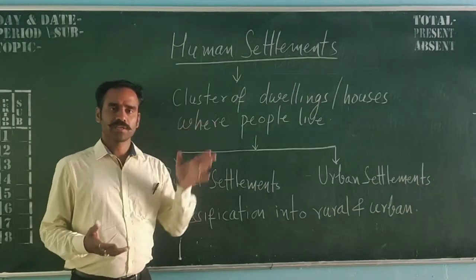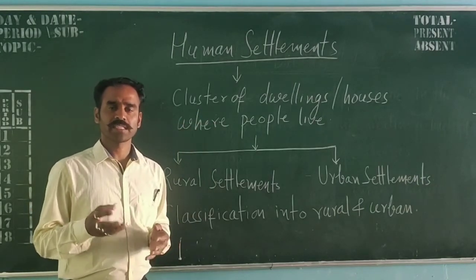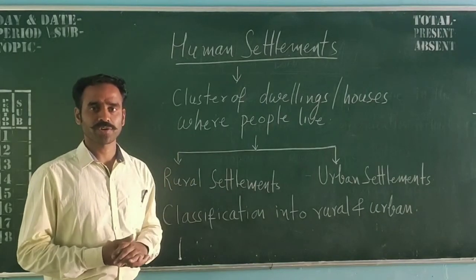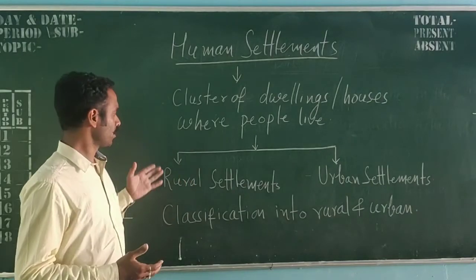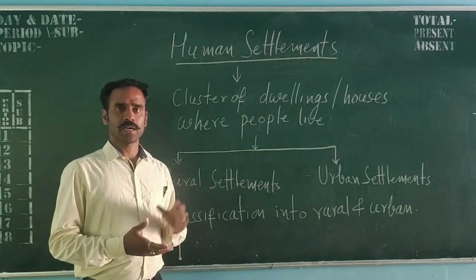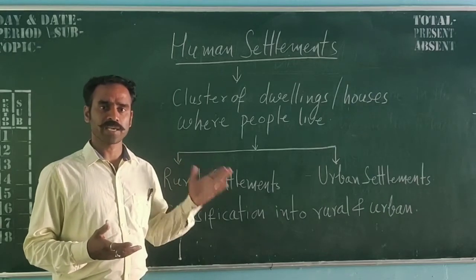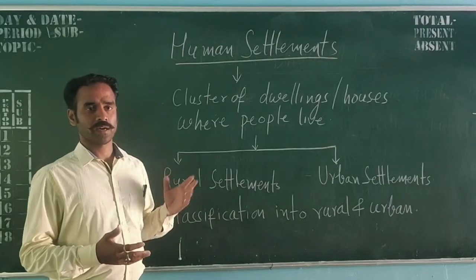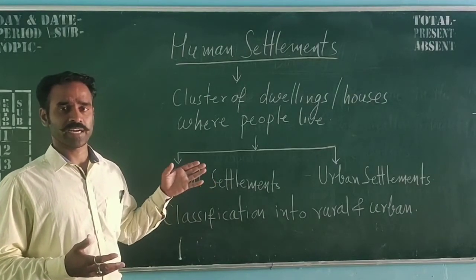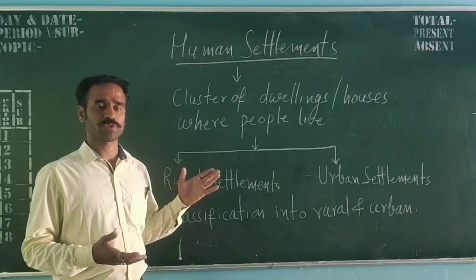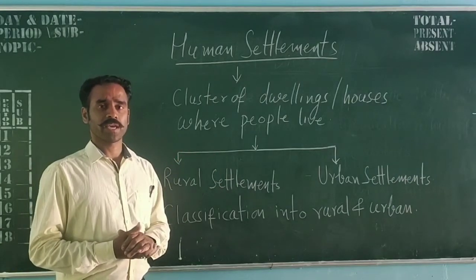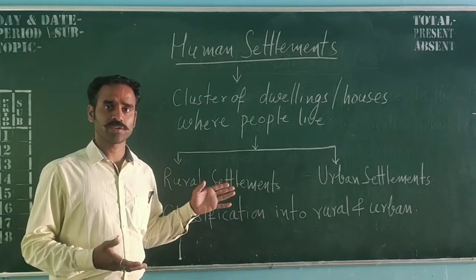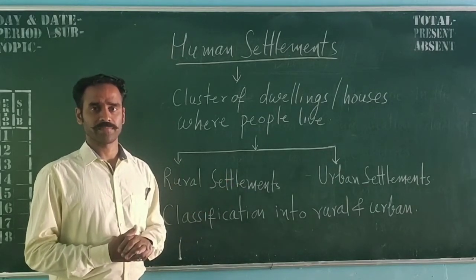So in this chapter we'll talk and study about the concept of settlements, the types and classification of settlements into rural and urban, rural settlement types and patterns, problems of rural settlements, urban settlement types and classification, and problems of urban settlements, and selected case study about the morphology of selected cities.